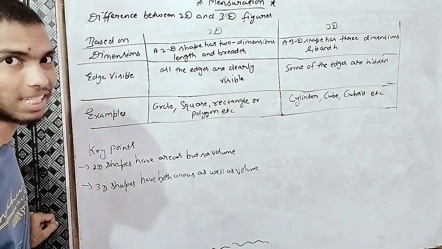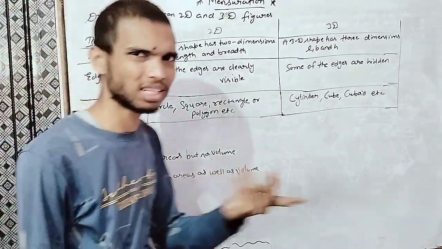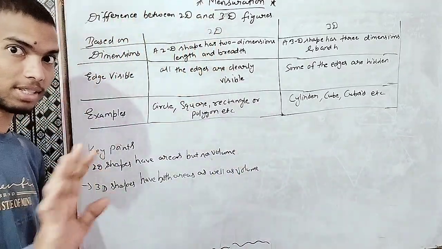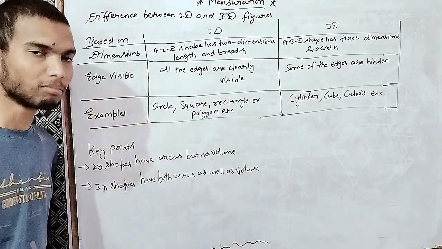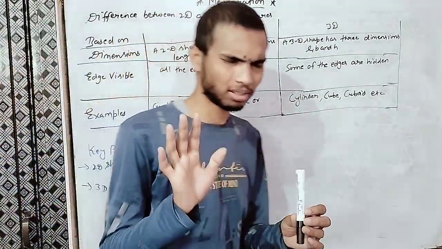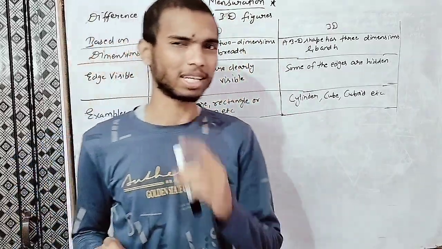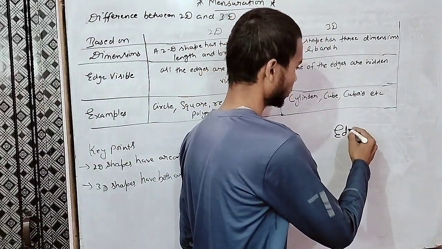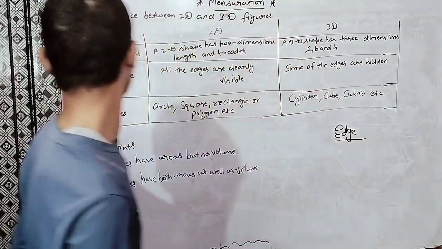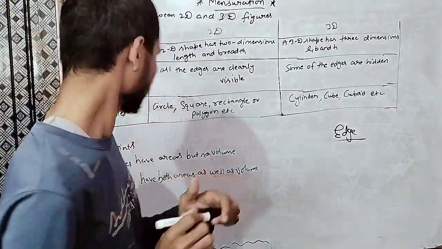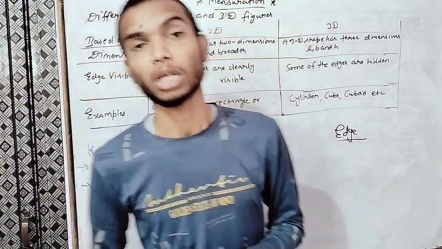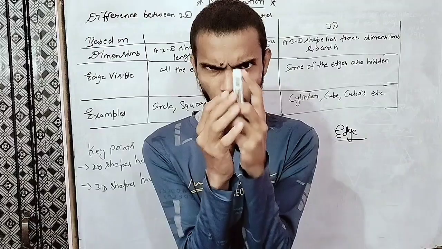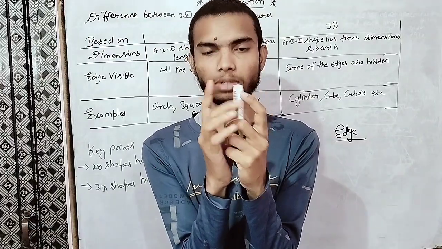Now, edge visual. What is an edge? An edge is nothing but something we see in our daily life. It is just an example to understand edges, an edge visual in 2D shape and 3D shape. Let's talk first of all about the meaning of edge.